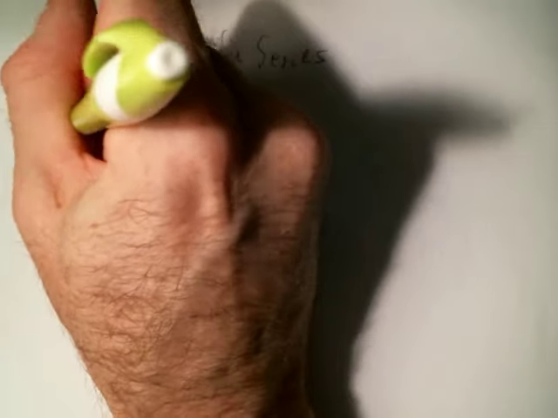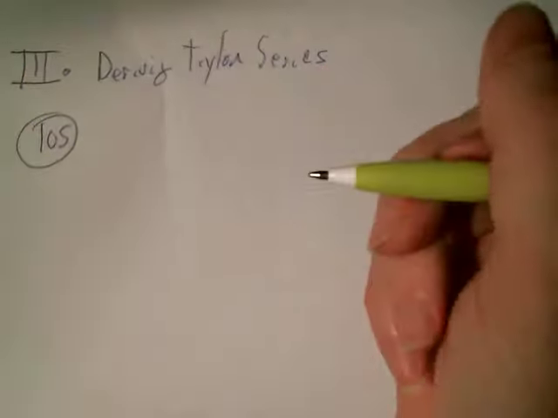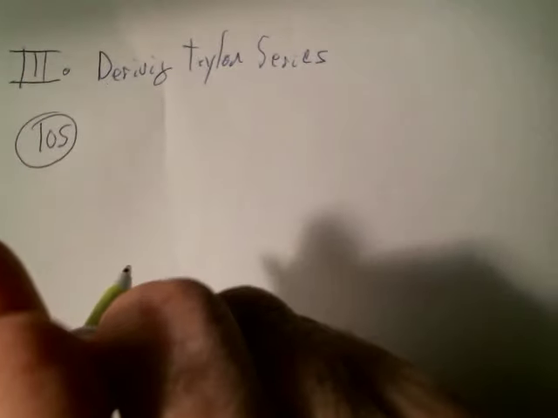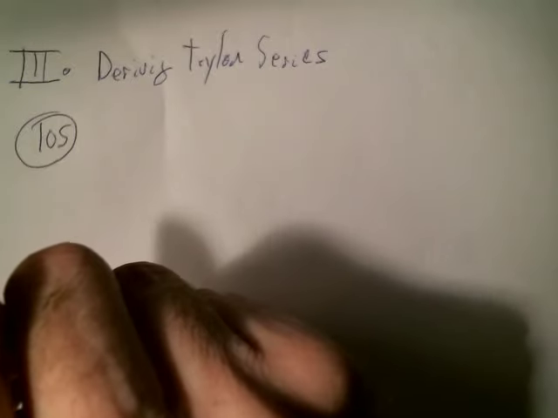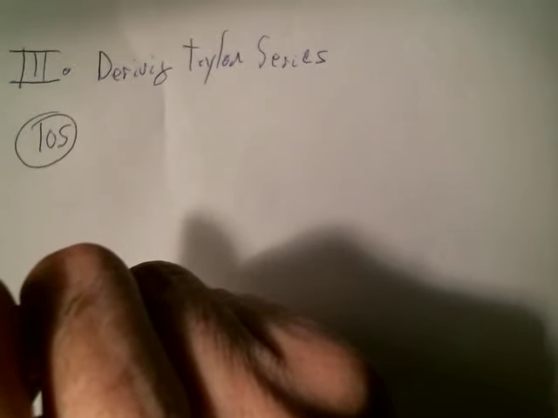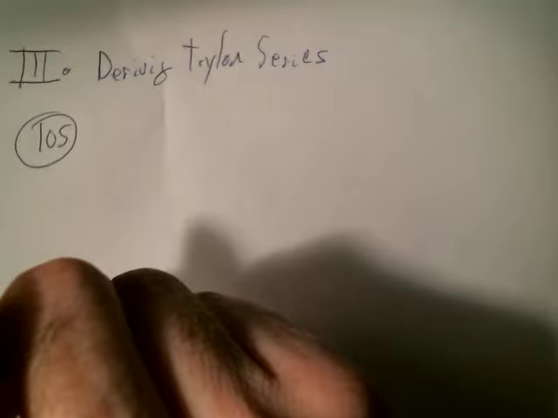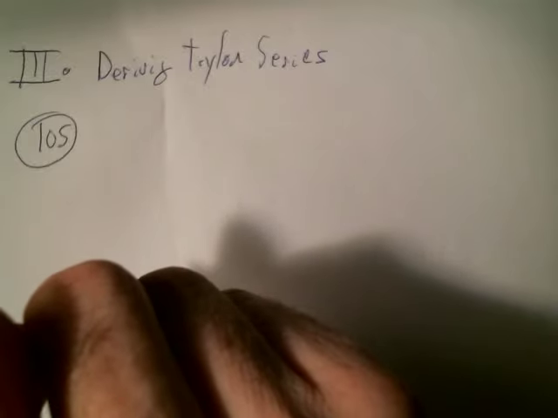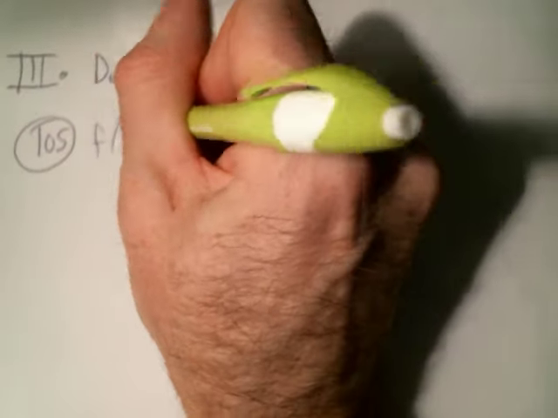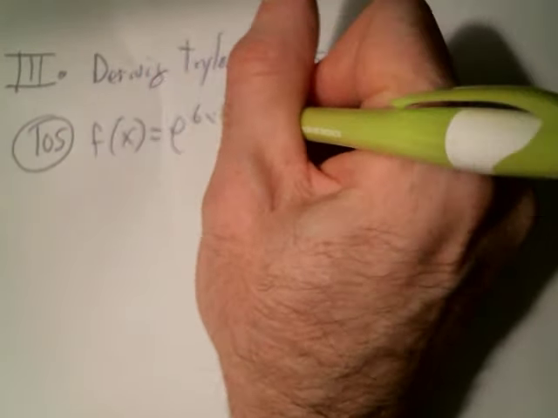So you do it via substitutions or taking derivatives, just like we did with the geometric series to produce the natural log series and to manipulate the original geometric series. So for instance, f of x equals e to the 6x.